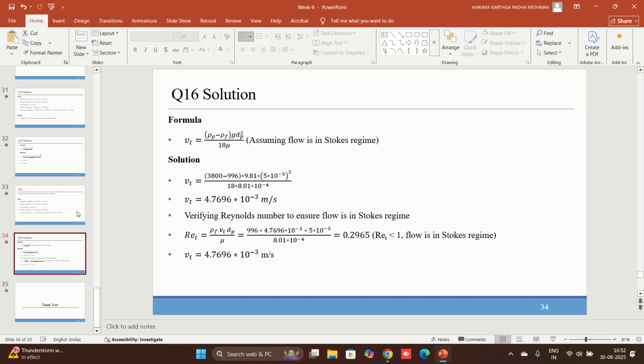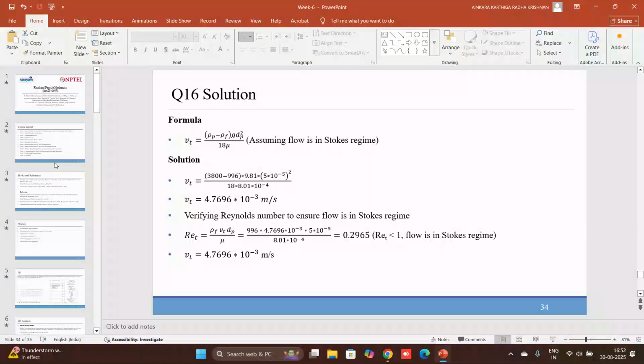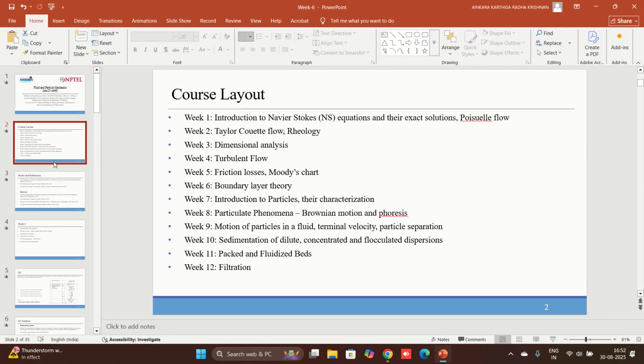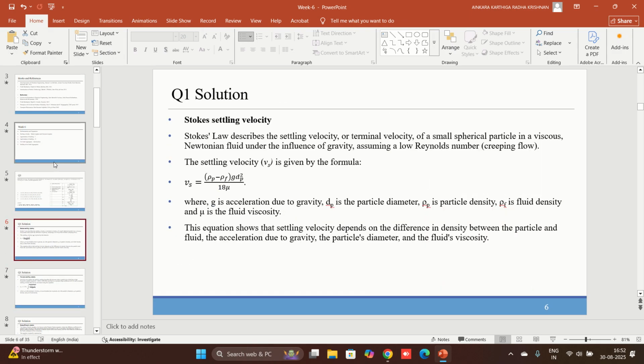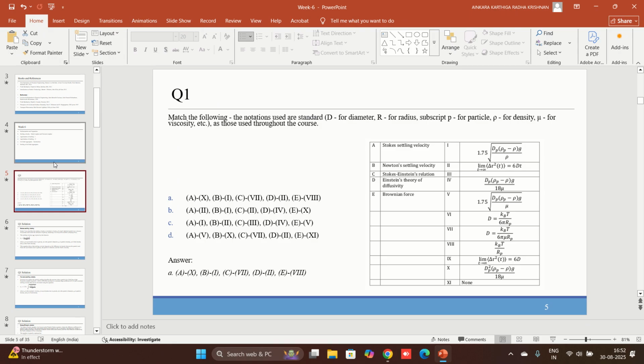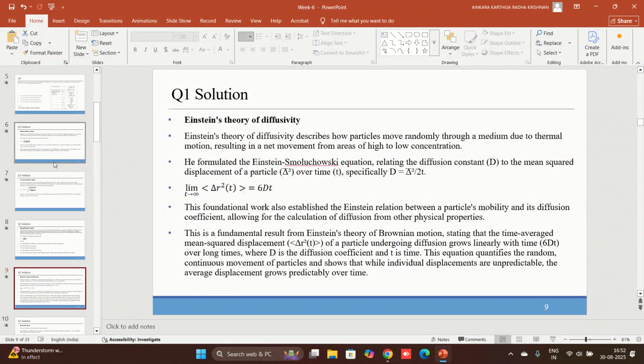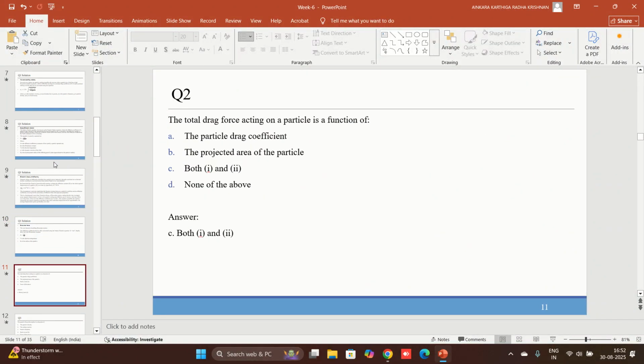In today's session, what we have seen, we'll just have a quick recap. We have mostly seen about terminal settling velocity, terminal velocity only, with different approaches. First one is a match, and we have seen Stokes regime, Newton's regime, Stokes-Einstein relation, Einstein theory of diffusivity, Brownian force. So we have seen explanation for each, and we have seen about drag force is a function of particle projected area and particle drag coefficient.